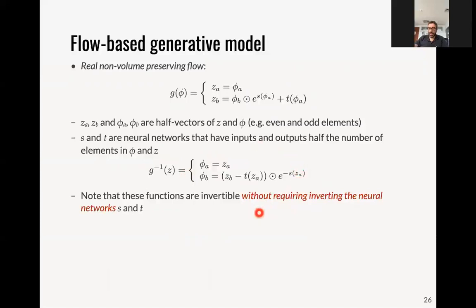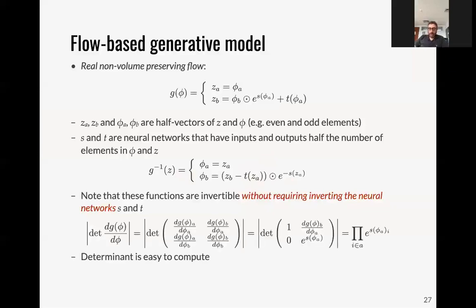You can write the inverse just as a function of the same functions T and S that you used in the forward case. So this is relatively easy, let's say, to invert once you have a T and an S defined.